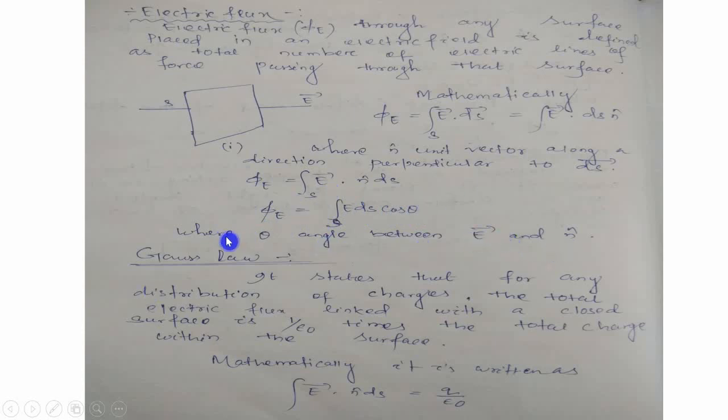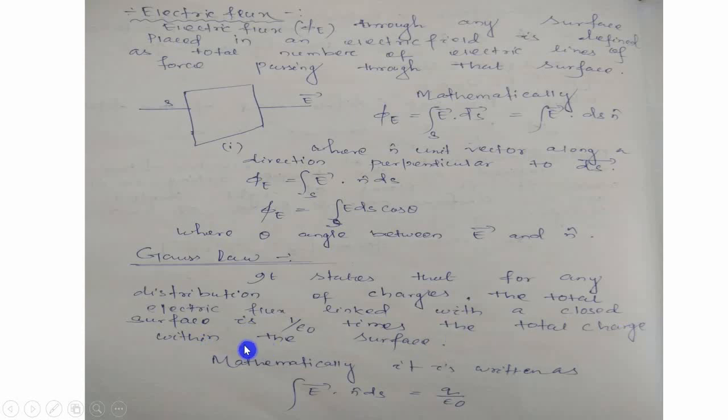Using this electric flux, Gauss developed a formula and a law. This law states that for any distribution of charges, the total electric flux linked with a closed surface is equal to 1 by epsilon naught times the total charge within the surface.